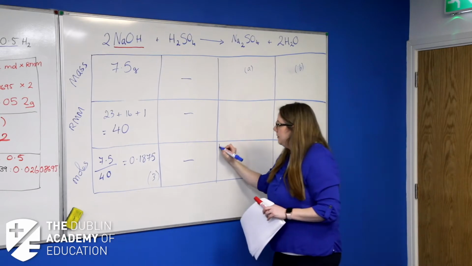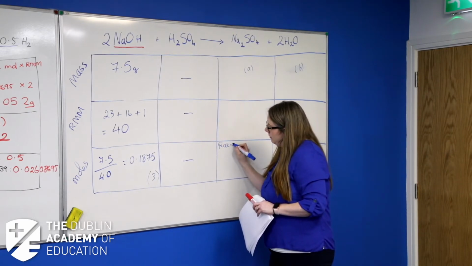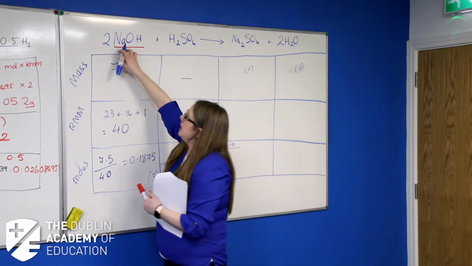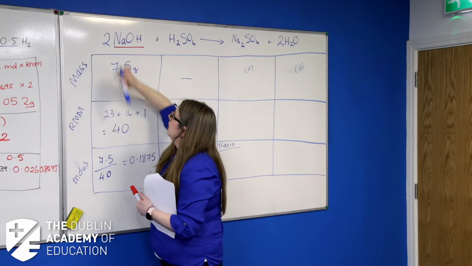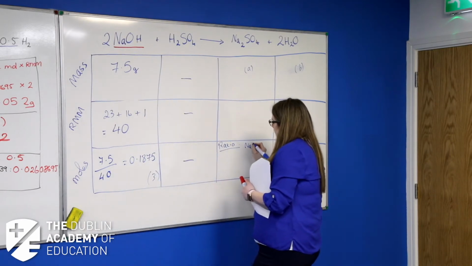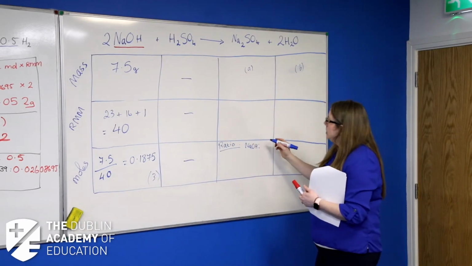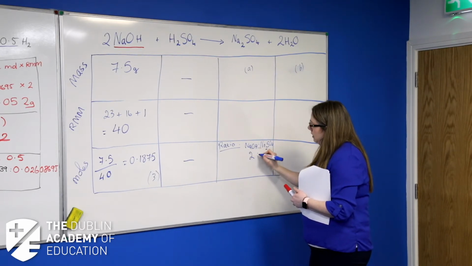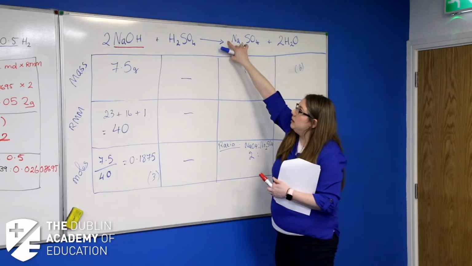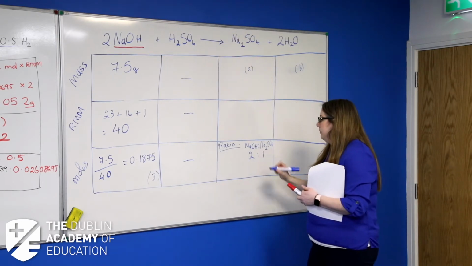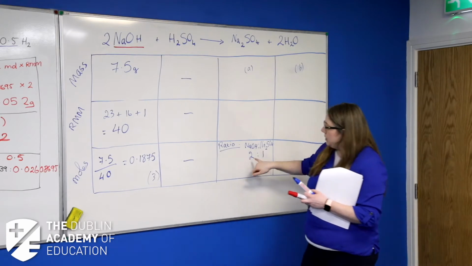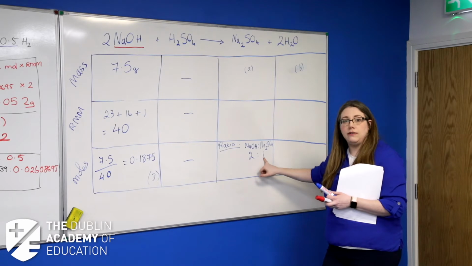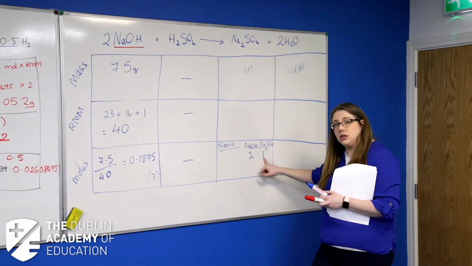So, the ratio. As you look at sodium hydroxide, there's a 2 in front. So the ratio of NaOH to sodium sulfate is 2 is to 1, because there's a 1 in front here. So that means if you started off with 2 moles of sodium hydroxide, you would only end up with 1 mole of your sodium sulfate, so it's half as much.